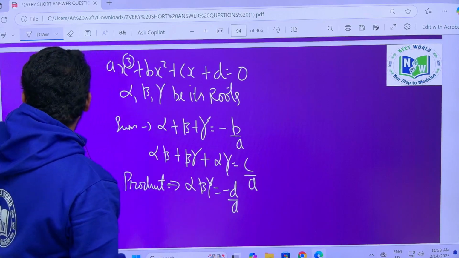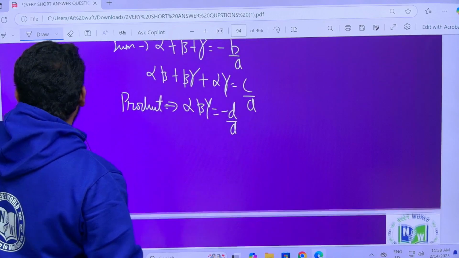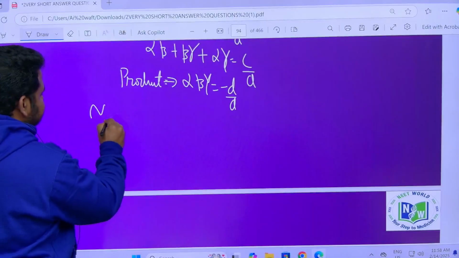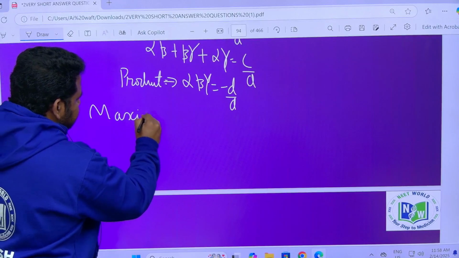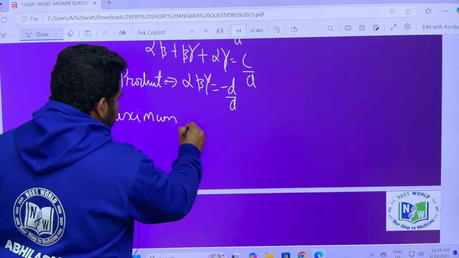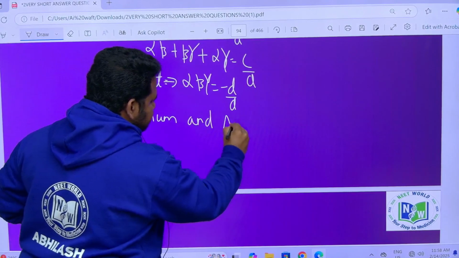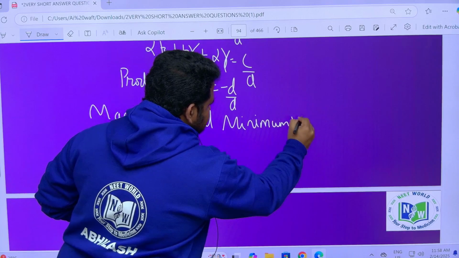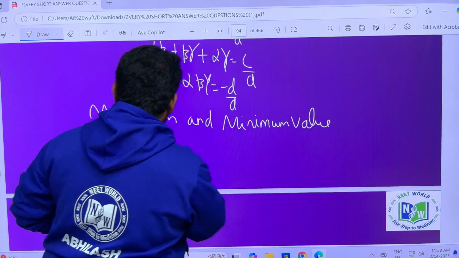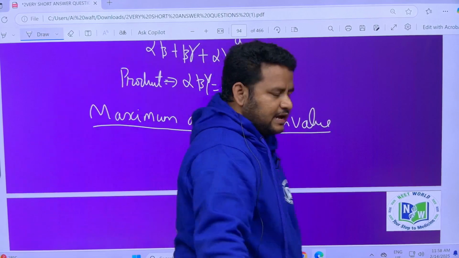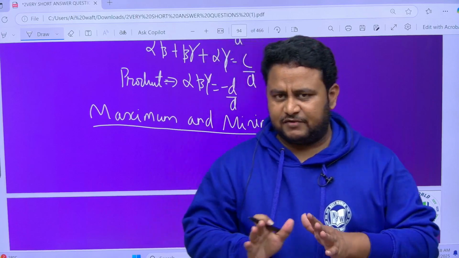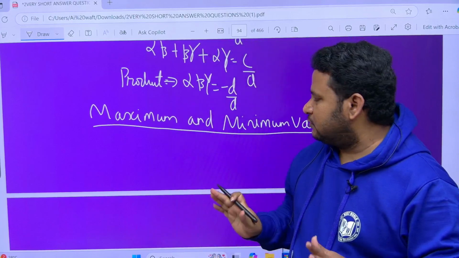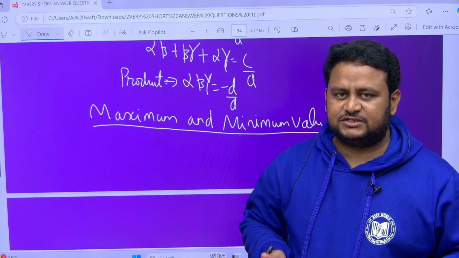Now another thing that they will ask is to find the maximum and minimum value of the quadratic expression. When we are talking about maximum and minimum value, first you have to look at the quadratic expression that is given.